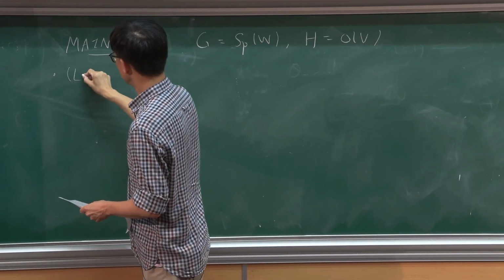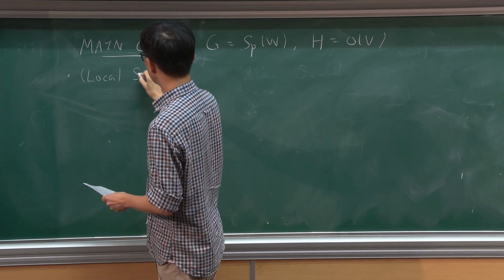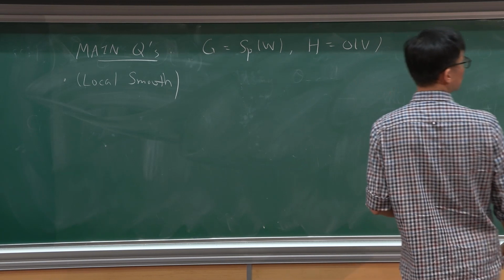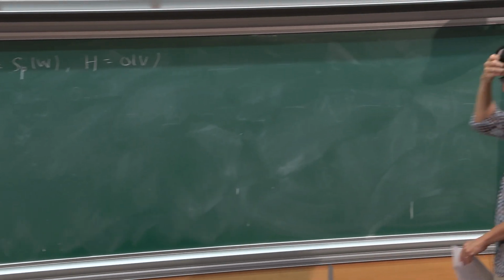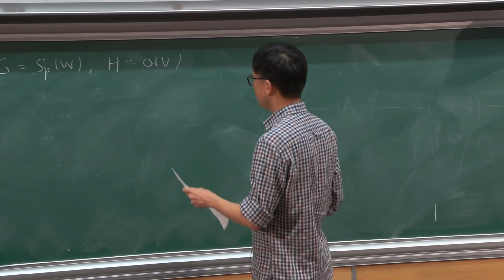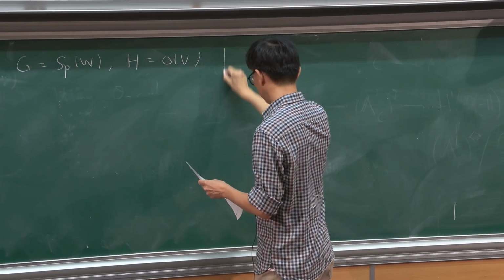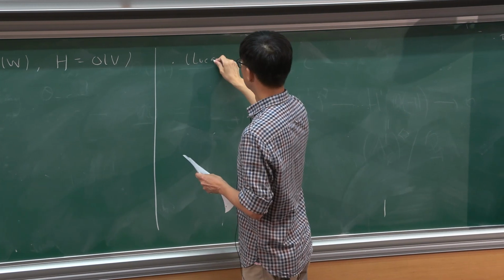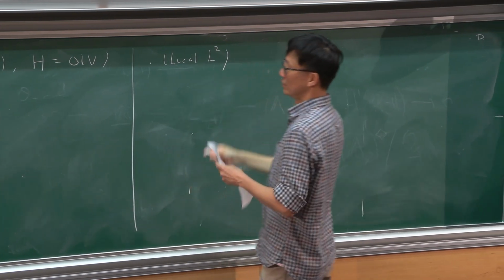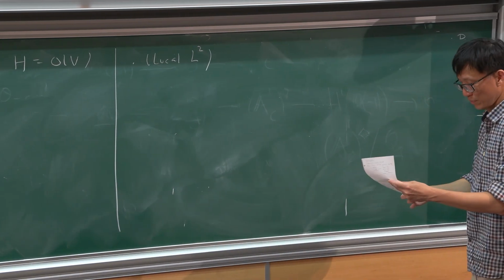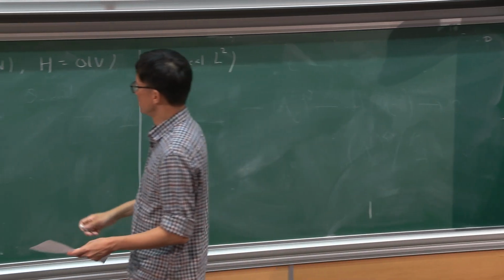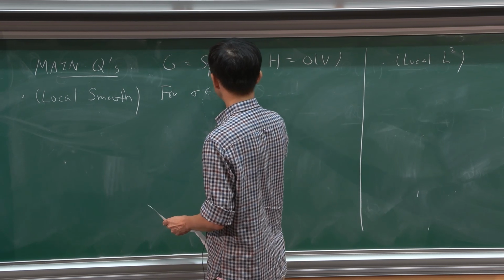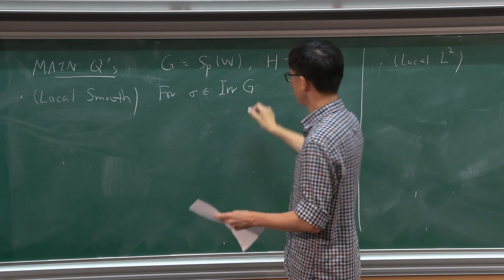I'm going to ask these questions on three levels: the local smooth level, the local L2 level, and then there will be a global level. For the local smooth level, you take an irreducible smooth representation of G.